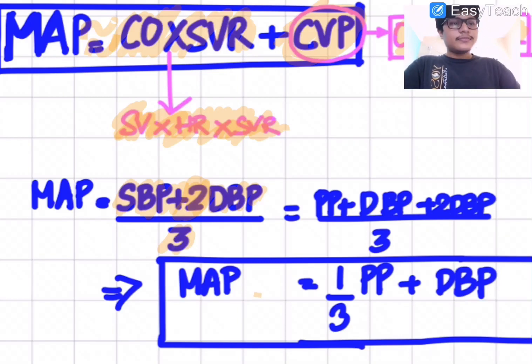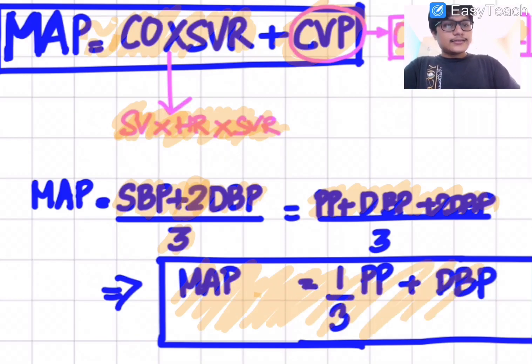And if we play with mathematics a bit, systolic blood pressure can be written as pulse pressure plus diastolic blood pressure. And so from that we get this formula, that is mean arterial pressure is 1/3 of pulse pressure plus diastolic pressure. Okay.